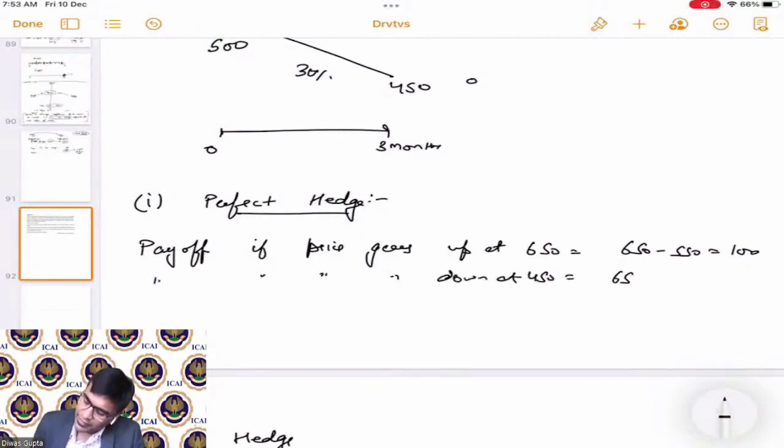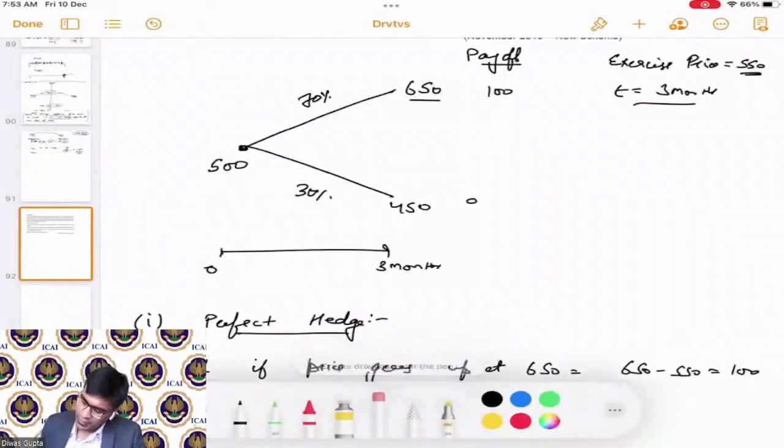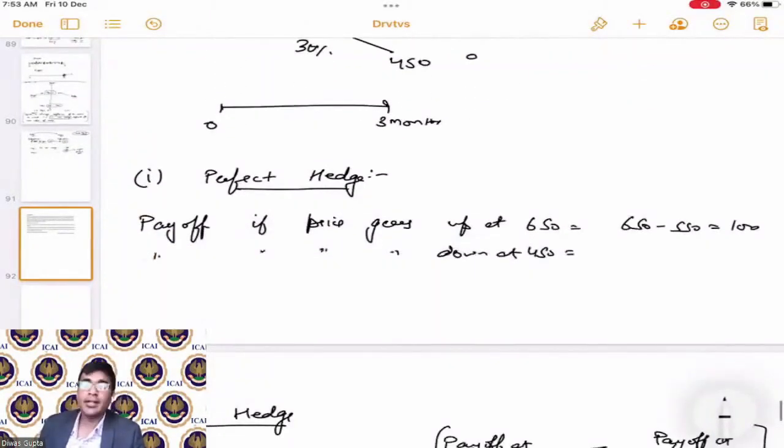So this will be 450 minus 550, which is 0, because payoff cannot be negative, correct? We cannot ask the option holder to pay it to the option writer. Hence it is nil. This will be nil, correct?